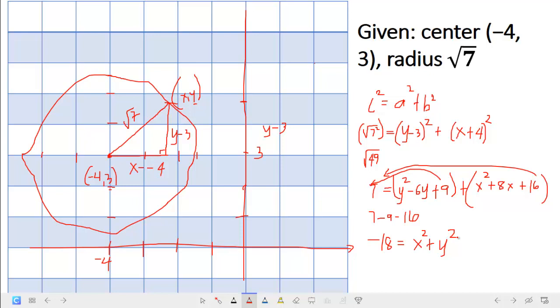That is 8x. Let's put 8x first, plus 8x. And then next is y, that is 6y. So, the answer is negative 18 equals x squared plus y squared plus 8x minus 6y. So, this is the equation of this circle.